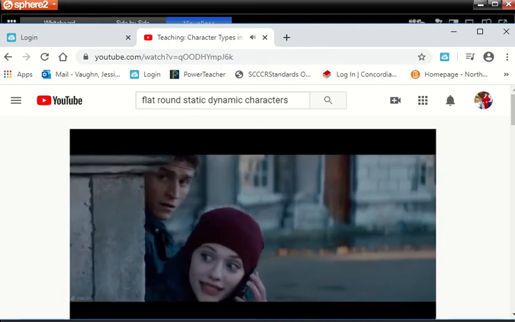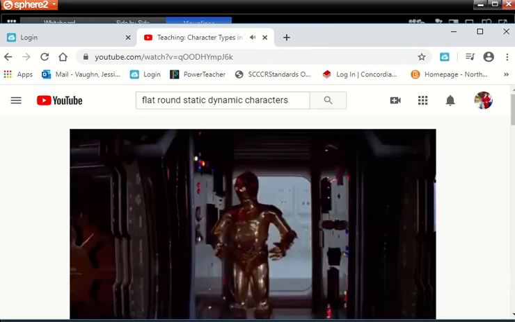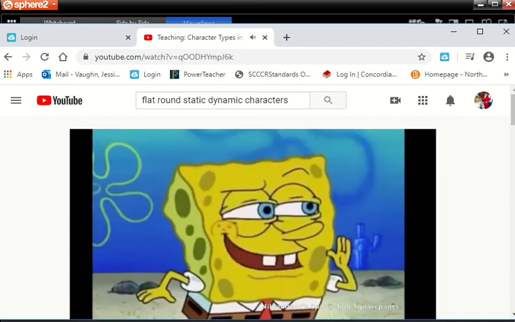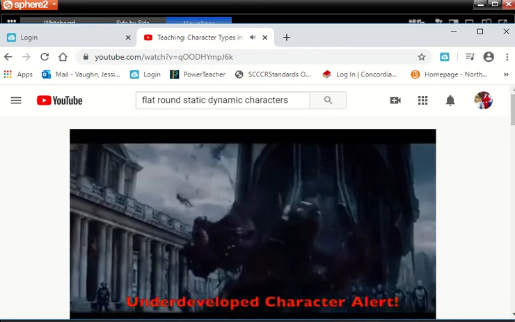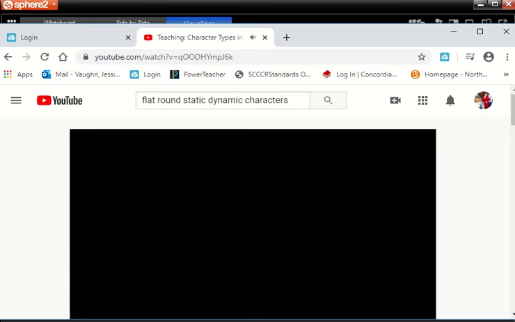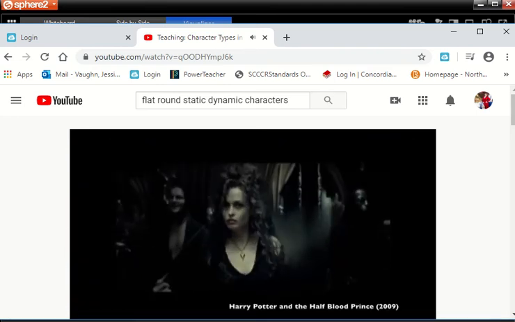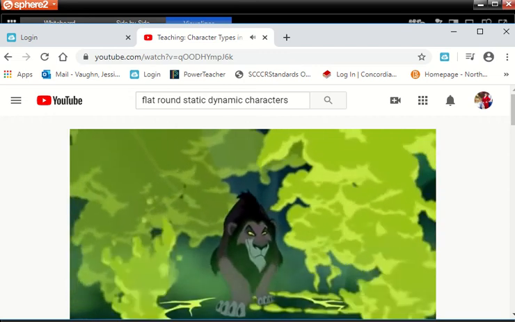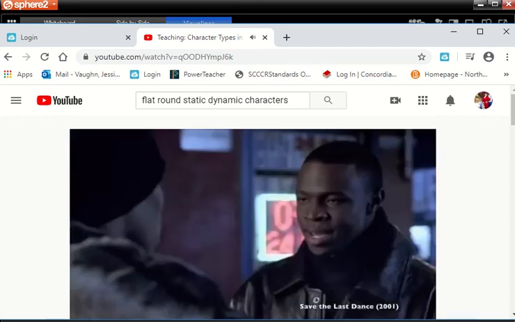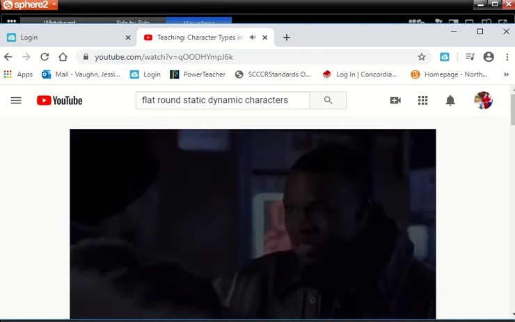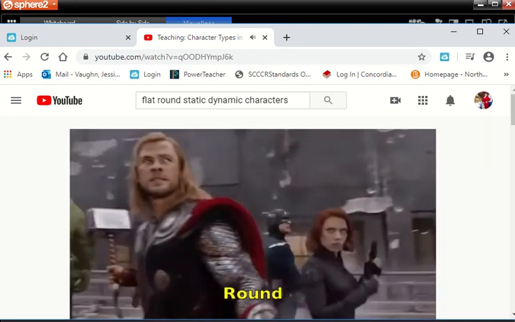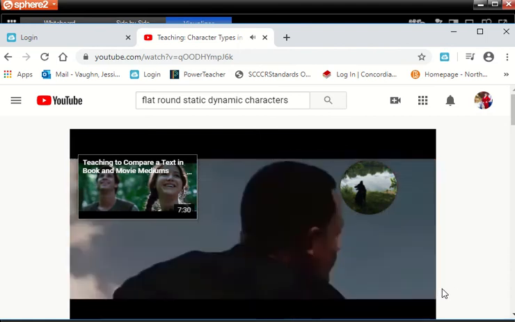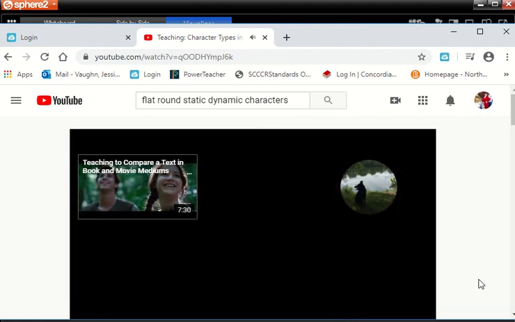A static character does not change at all throughout the story. C-3PO is always C-3PO. SpongeBob is always SpongeBob. Malekith, well, he's Malekith. Static characters are often necessary to push the plot along and highlight the development of the main character. It's why we often see the "you've changed" speech from the best friend. So there you have it. The 4 character aspects that will help you get through that literary analysis that you've probably been putting off all week.